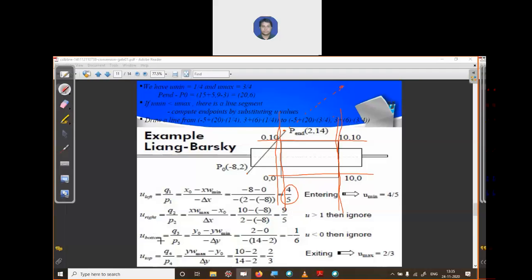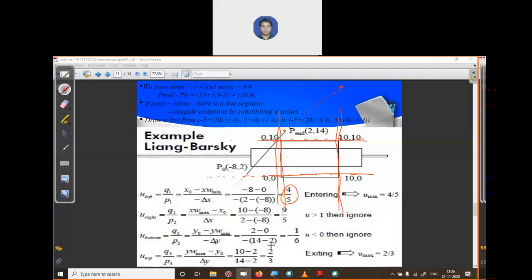At the bottom boundary, again, you can see it is not intersecting; if you extend it, then only it will intersect. So you find the time at which it will intersect the bottom boundary. The top boundary you can easily see is intersecting, at 2 by 3. So these are the times at which this line will intersect the boundaries of the clip window.